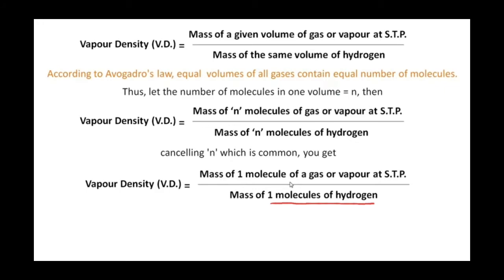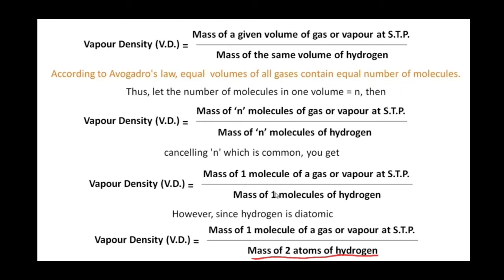What is the atomicity of hydrogen molecule? It's 2. Since hydrogen is diatomic, vapor density can be written as mass of one molecule of gas or vapor at STP divided by mass of two atoms of hydrogen. So, we have changed one molecule of hydrogen as two atoms of hydrogen.